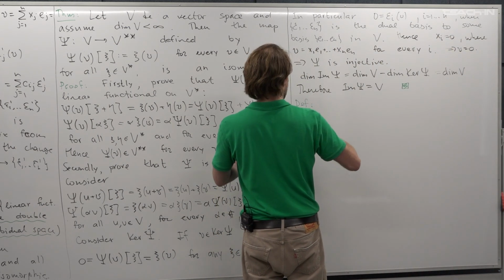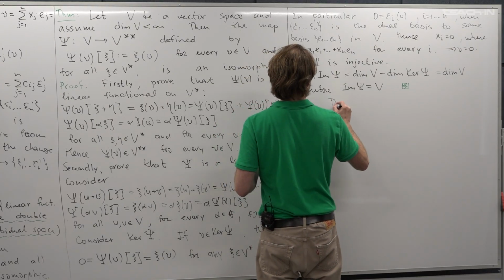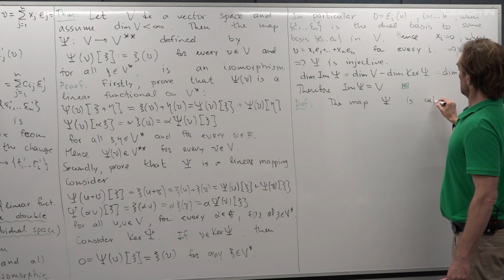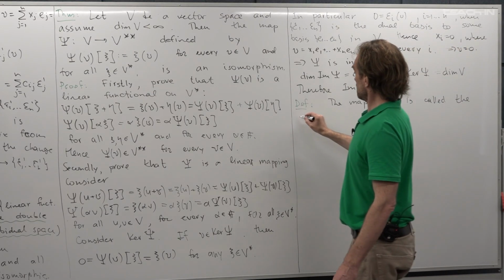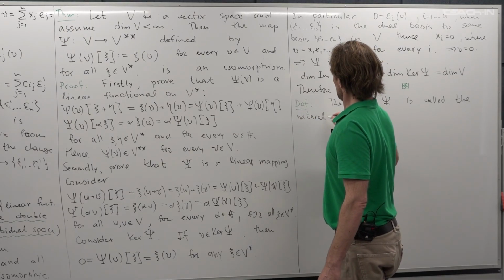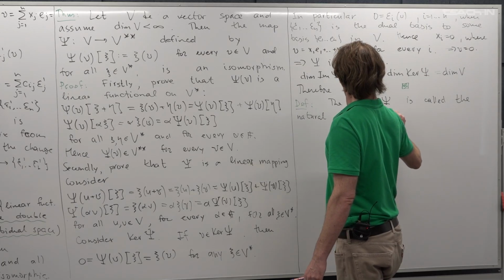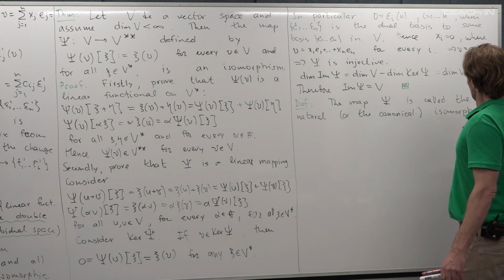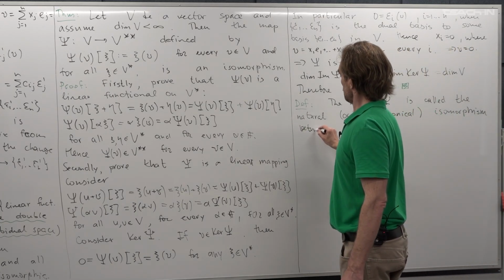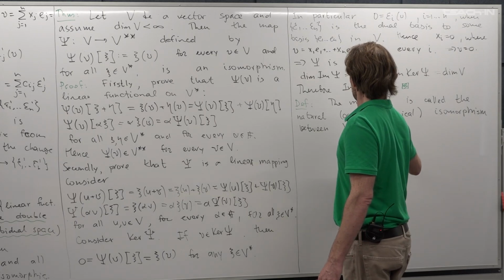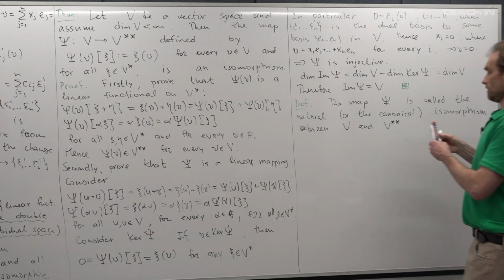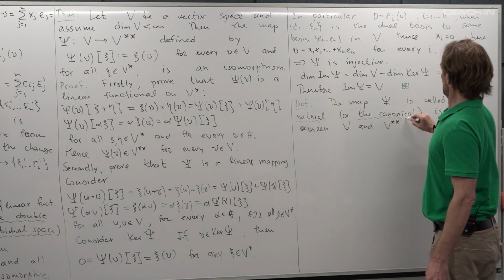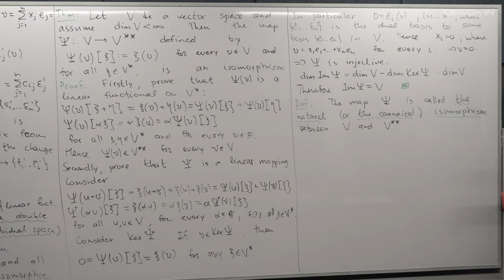So, definition: the mapping psi capital is called the natural or the canonical isomorphism between V and the double dual space. So let me make a remark.